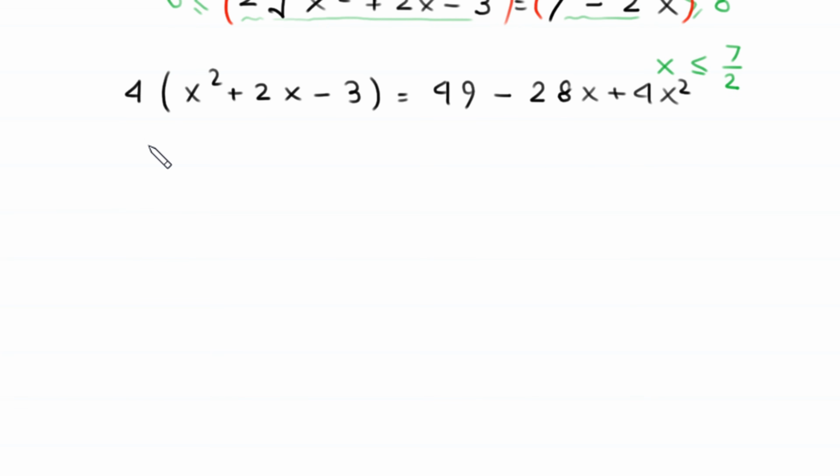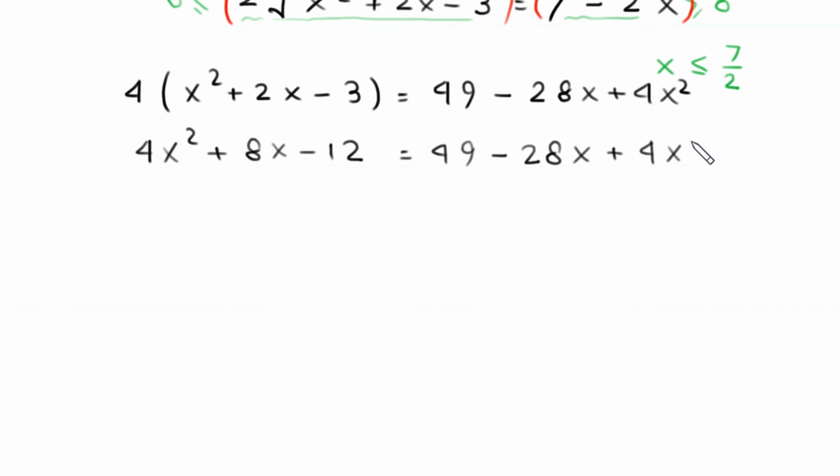Distribute this 4, this will become 4x squared plus 8 times x minus 12 equal to 49 minus 28 times x plus 4x squared. If we subtract 4x squared from both sides, this cancelled out. Move this negative 28x to the left hand side and this negative 12 to the right hand side.